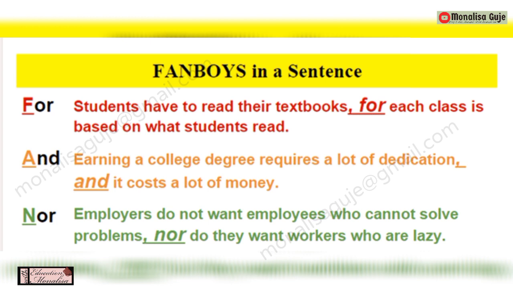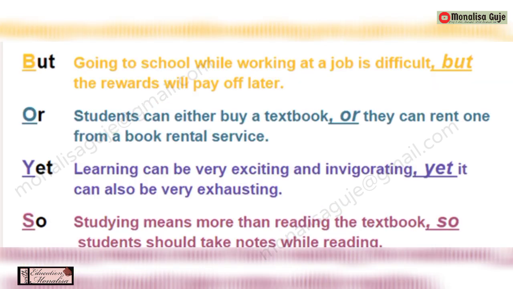Fanboys in a sentence. First one is for. Students have to read their books, for each class is based on what students read. And earning a college degree requires a lot of dedication, and it costs a lot of money. Nor. Employers do not want employees who cannot solve problems, nor do they want workers who are lazy. Next, but.